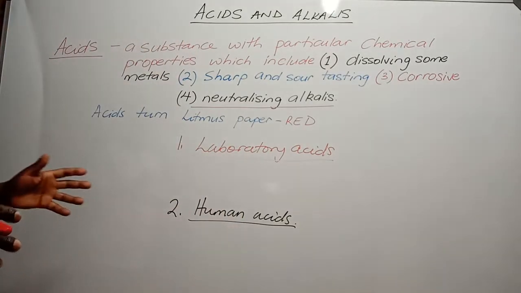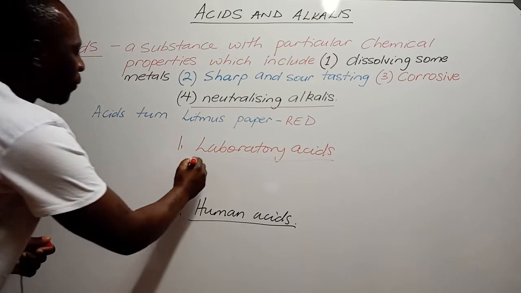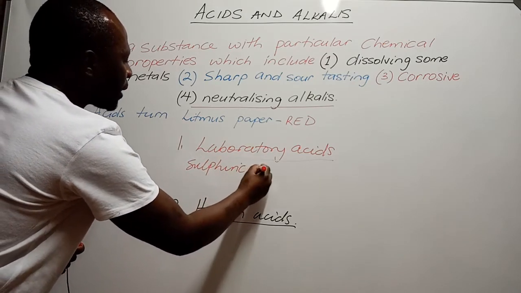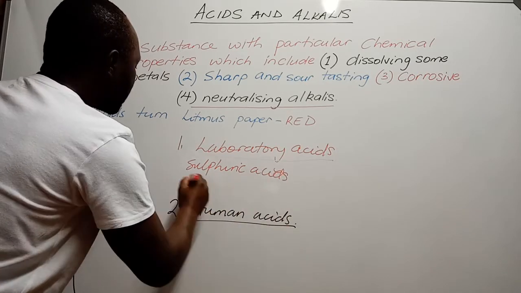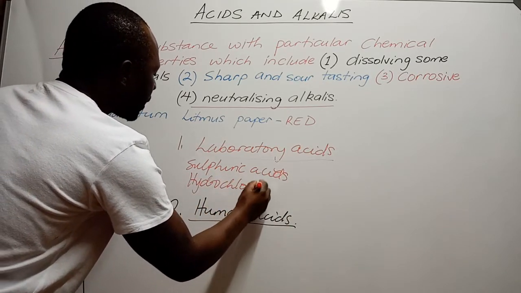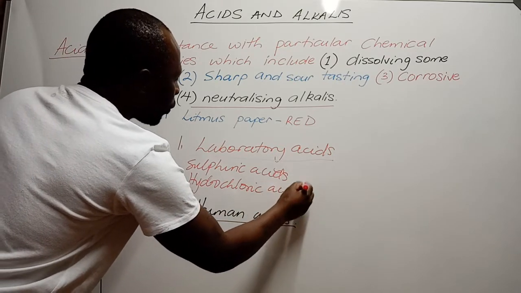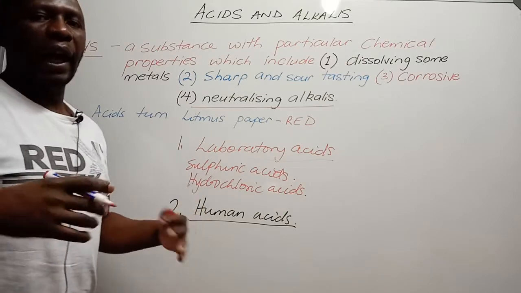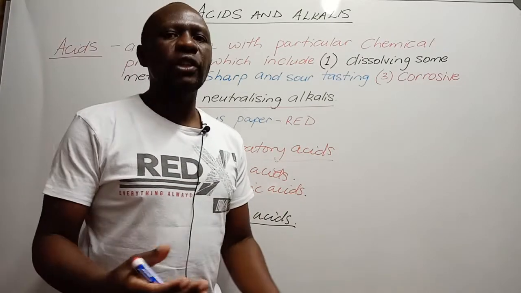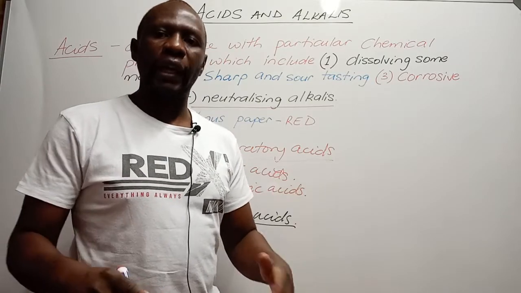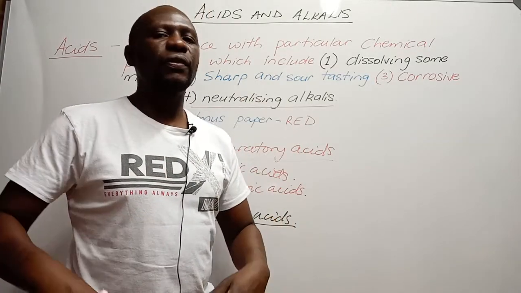Good examples are sulfuric acid and hydrochloric acid. You have to know that these are highly dangerous acids which we really have to handle with care. They are highly corrosive.